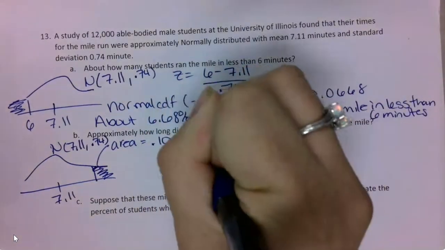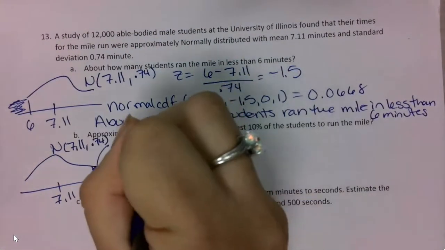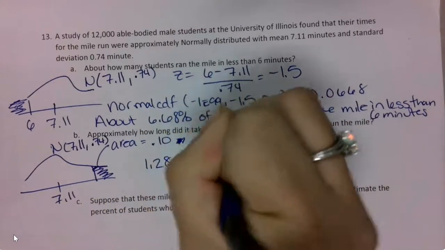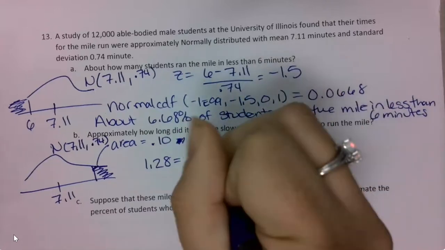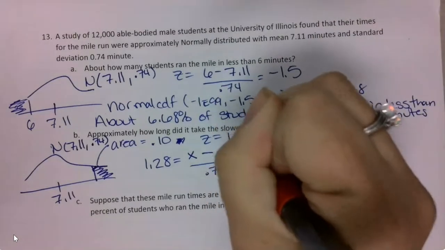Z equals 1.28. So then what I want to do next is plug this into the z-score formula. I'm going to have 1.28. I don't know the time, but I do know that the mean is 7.11, and my standard deviation is 0.74. So now this just looks like an algebra problem that I need to solve. I want to go ahead and multiply both sides by 0.74.